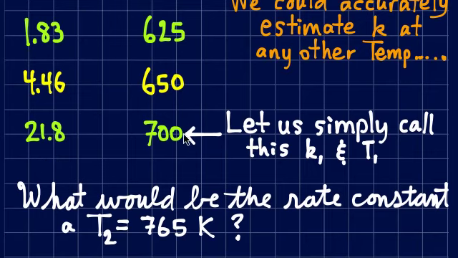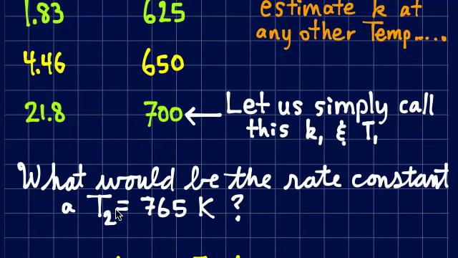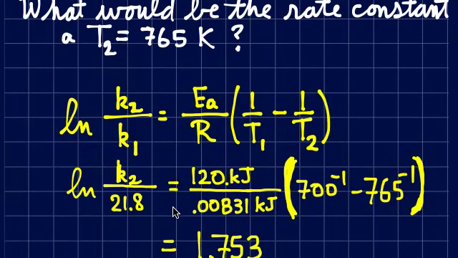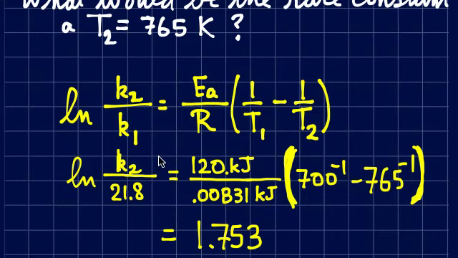Let me just take one of these. I'll call this T1, k1, and I'll call this T2, but I don't know k2, in that two-point form of the Arrhenius equation. T1 was 700 Kelvin, T2 is 765 Kelvin. This one goes with the unknown constant, but my known constant is for the 700 Kelvin. Here's a finer point also: this was the data from above.